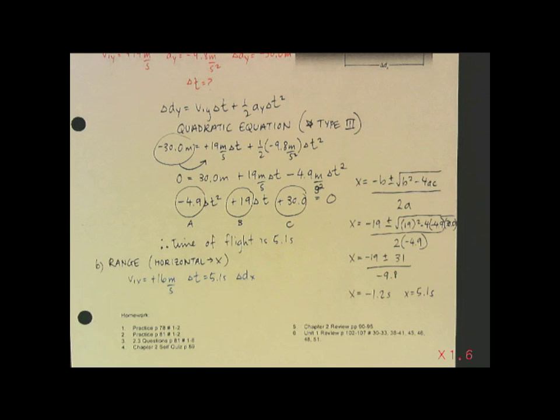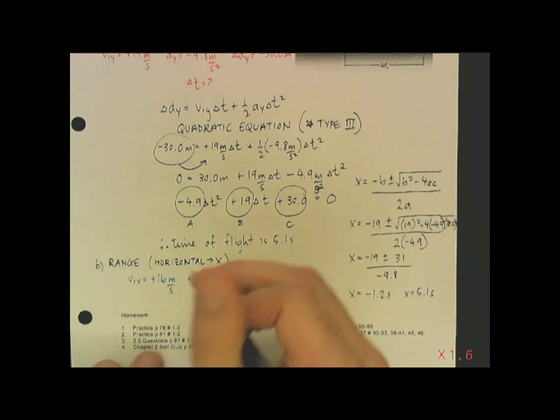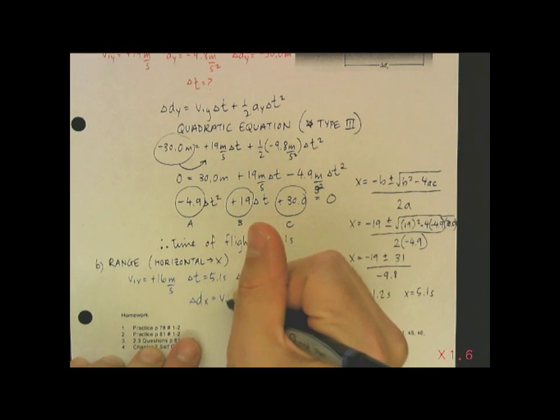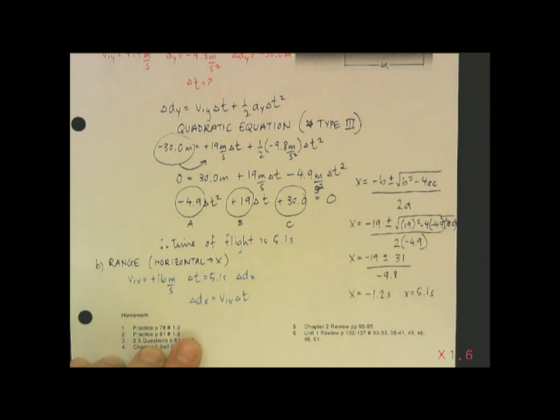Every time we've done range so far in the first types of questions, we've used the same equation. It's going to be known as the range equation, even though it's just a modification or a rearrangement of the equation for velocity. So the equation for range, if you look back at the previous lesson, delta dx is equal to the initial velocity times the time of flight.